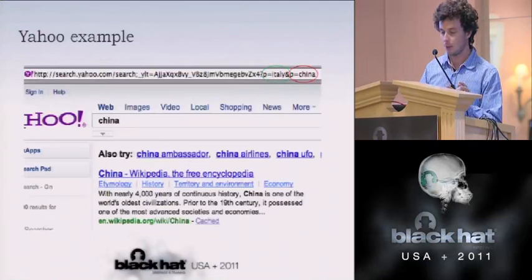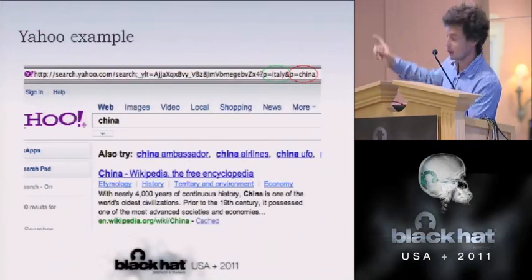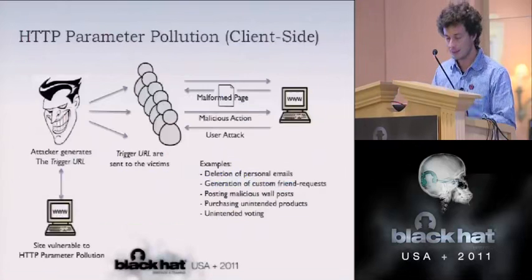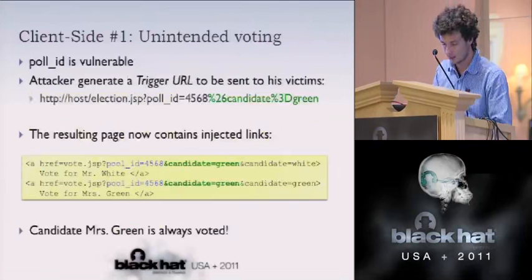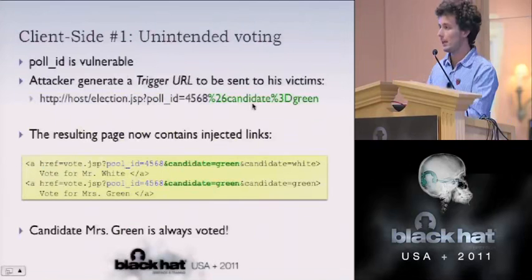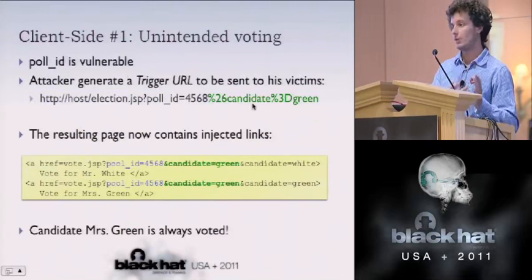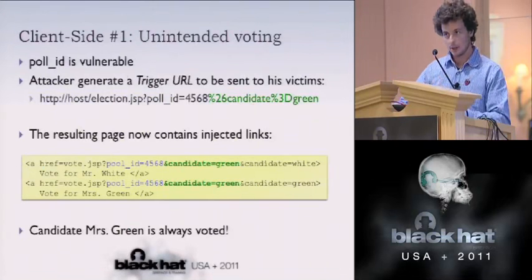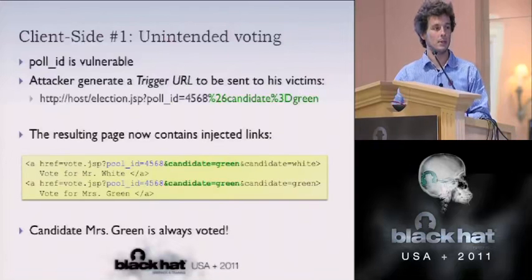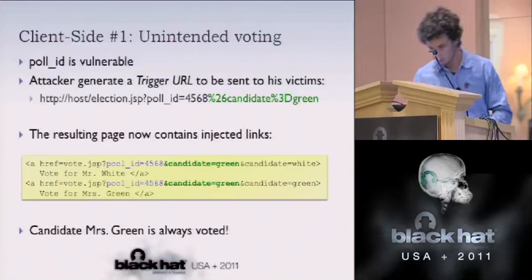So it's the opposite of this. Here, when you have two parameters with the same name, you get the second. JSP gets the first one. So this is the idea: if the attacker is able to inject a new parameter, and this new parameter ends up before the parameter submitted by the user, he is able to overwrite the parameter submitted by the user.